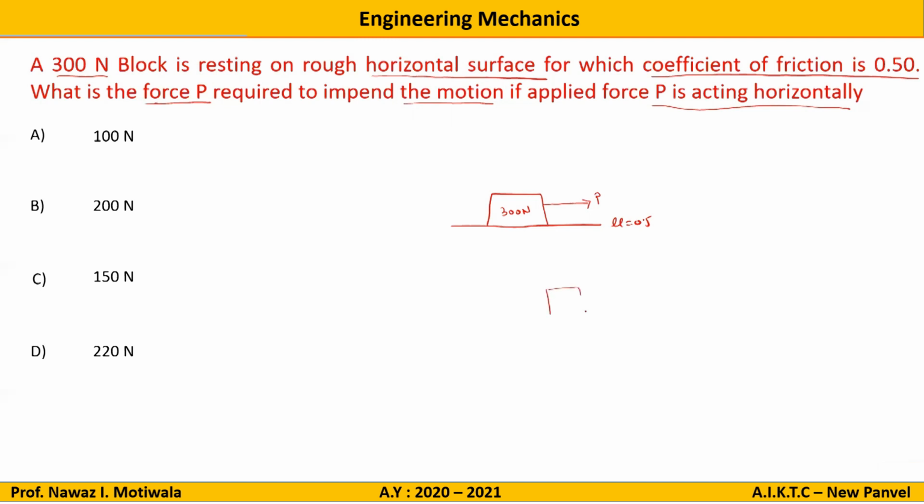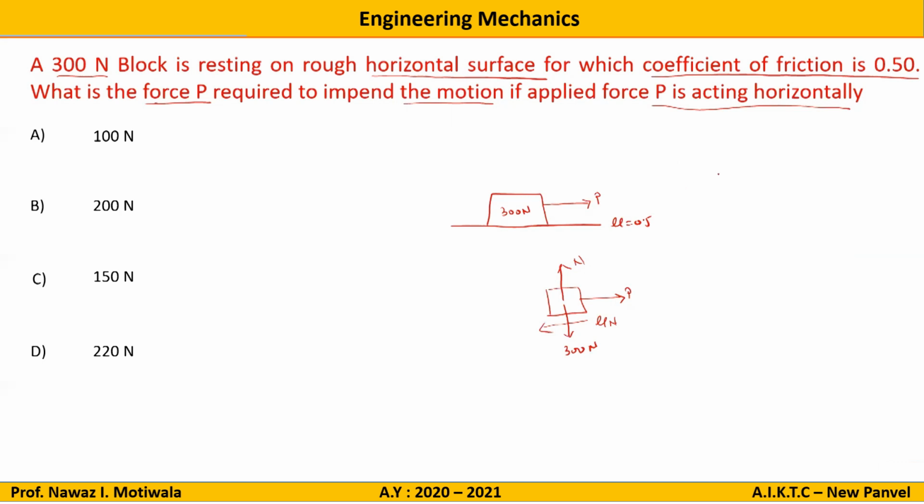Again, I will draw the free body diagram. The applied force is P, the weight is 300 Newton, then there is the reaction from the contact surface, N, and the friction force. As I am assuming that this body is moving towards the right side, the friction force will be towards the left side with a value of mu N.